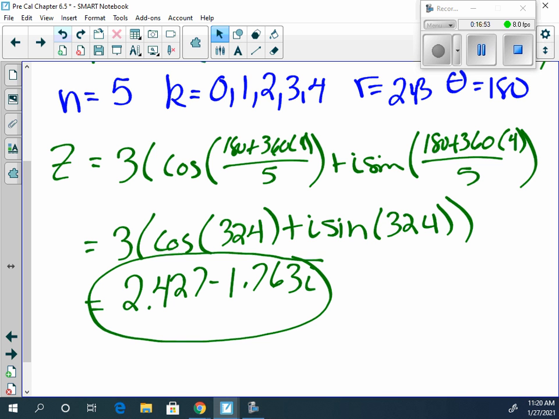Questions on this here? Have we found all the roots? Found all 5.